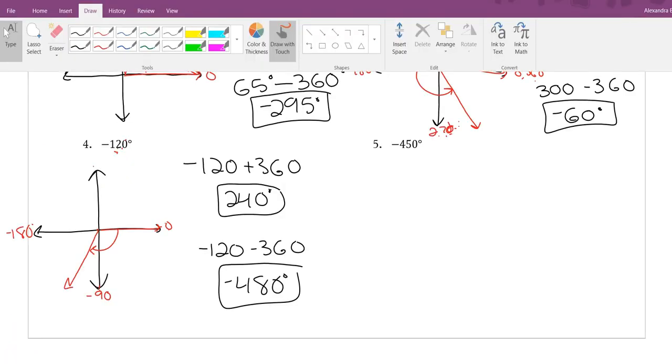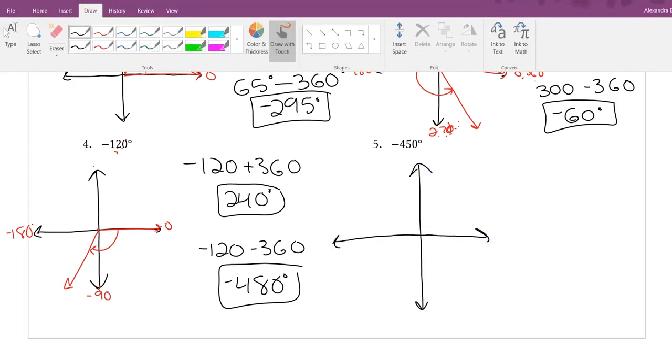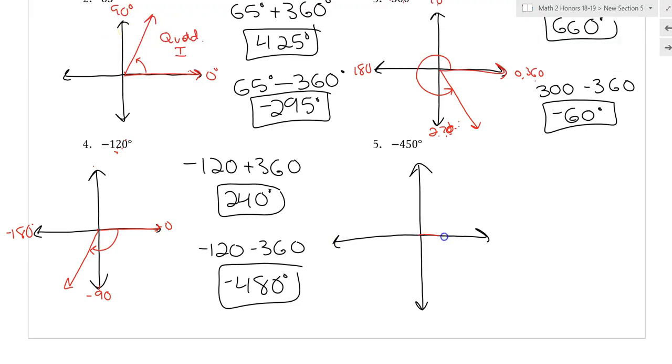Number 4, then we have negative 450 degrees. So same thing, I'm going to start by drawing my quadrants. So again, we're going negative, so I'll start at 0, and then it's negative 90, then I have to keep going. This is negative 180, again, they're always 90 apart. 180 plus 90 is negative 270.